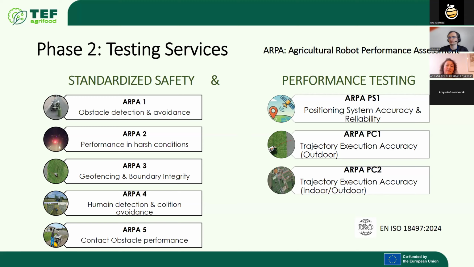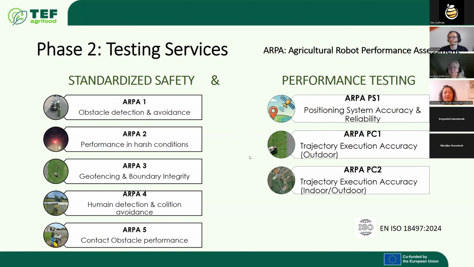Those tests verify crucial safety features such as obstacle detection and safety operations, like in hard conditions, for example, in ARPA 2. And key performance metrics, including trajectory accuracy and robust positioning.